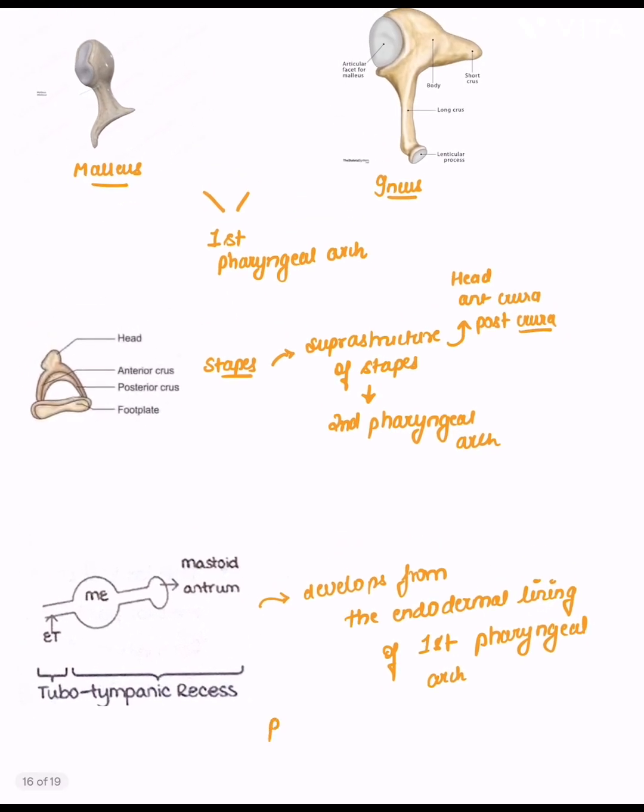The proximal part forms the eustachian tube, and the distal part forms the middle ear and mastoid antrum.